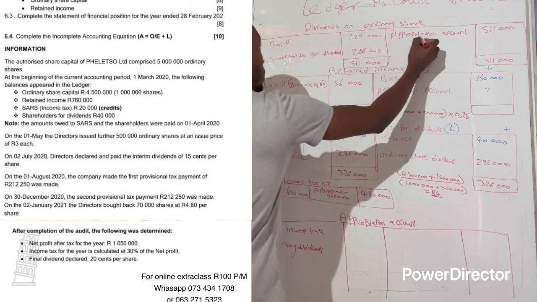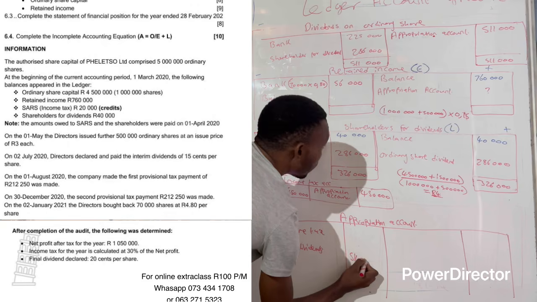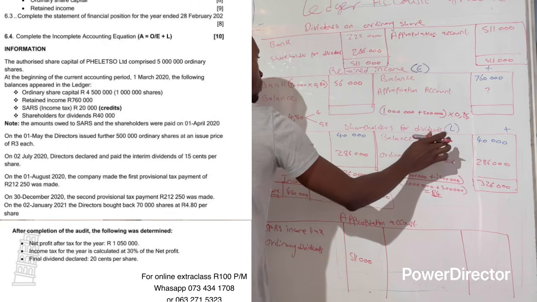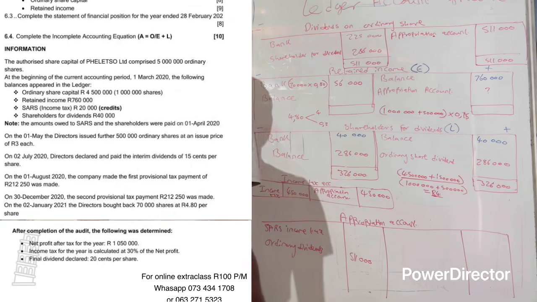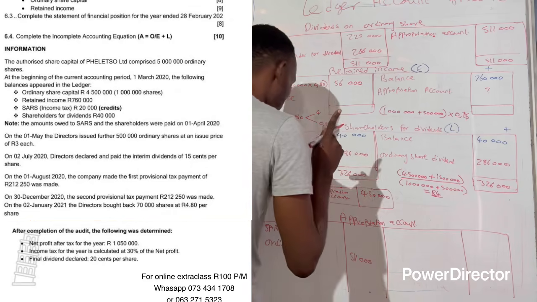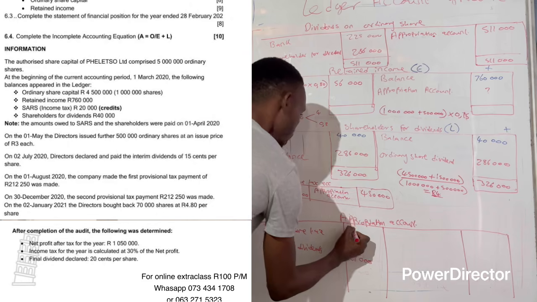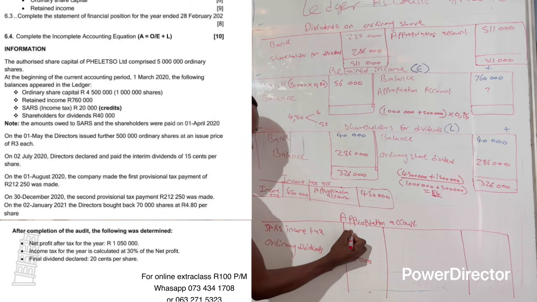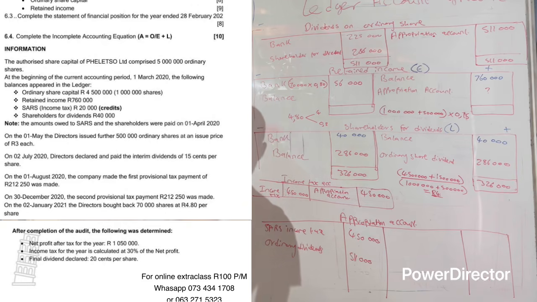Ordinary dividends, we take this one from appropriation, 511,000. You don't take it from shareholder for dividends. You take from dividends on ordinary, the one that includes interim and final. SARS income tax is this one from appropriation for 50,000. And we have retained income.